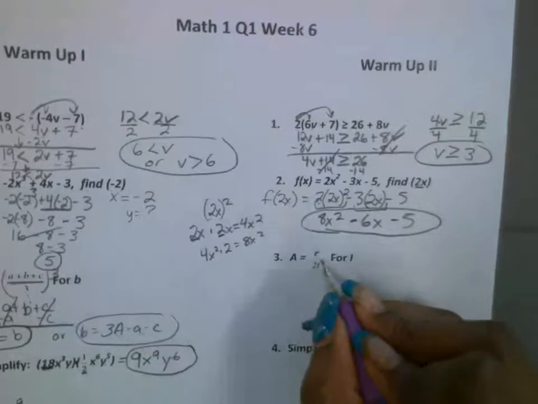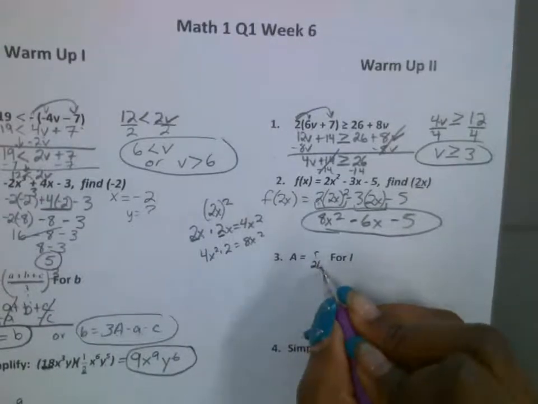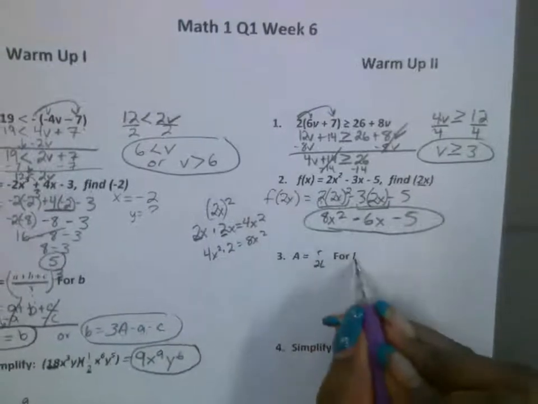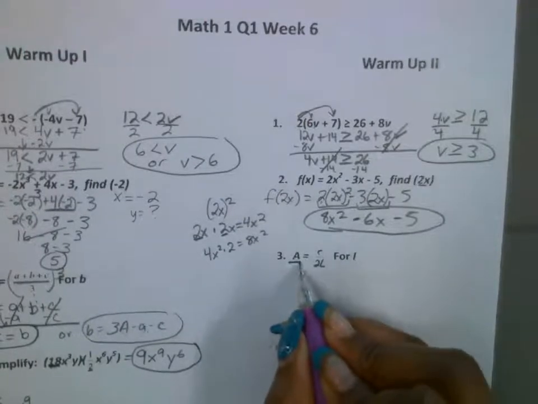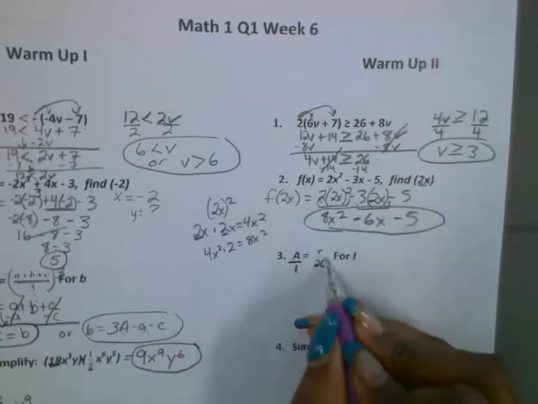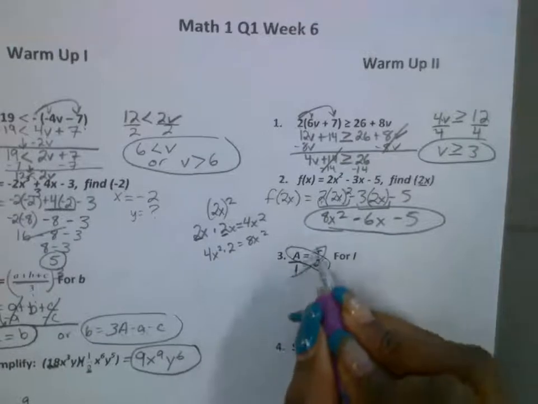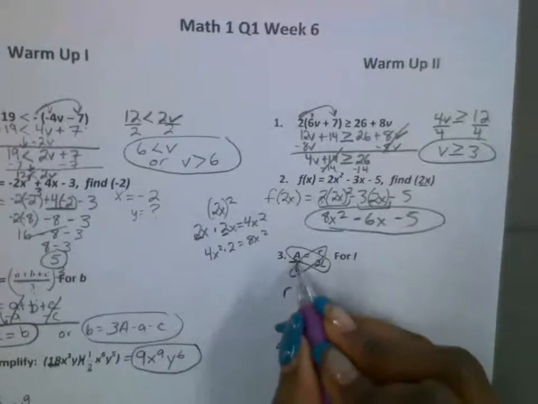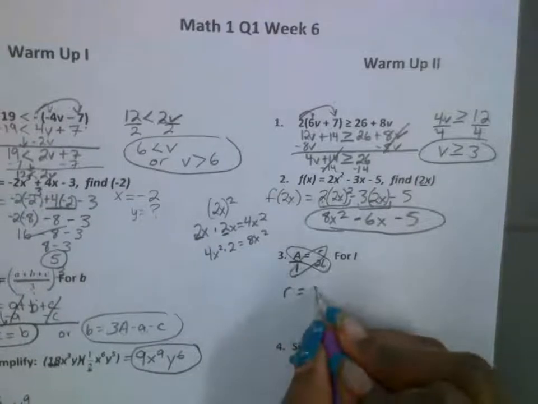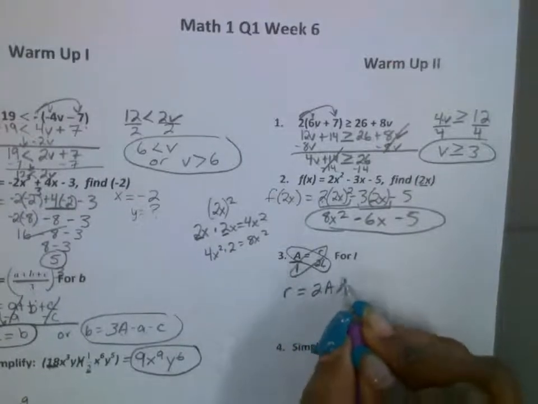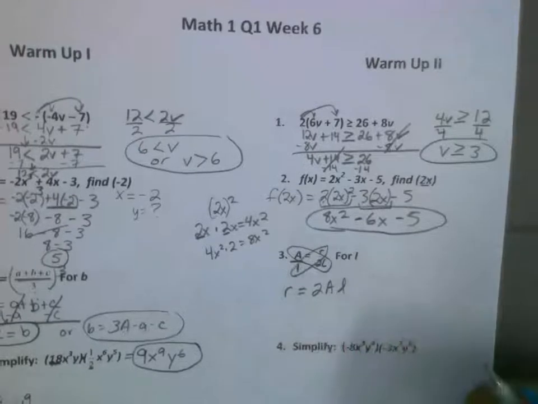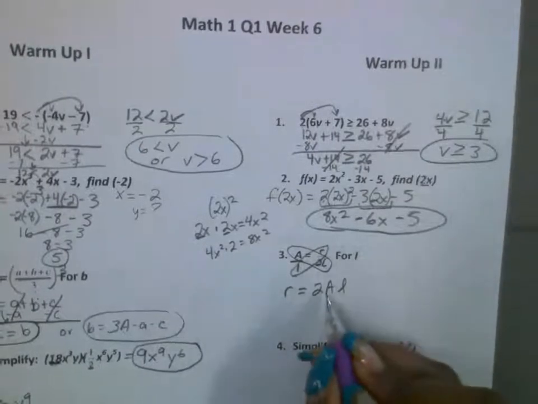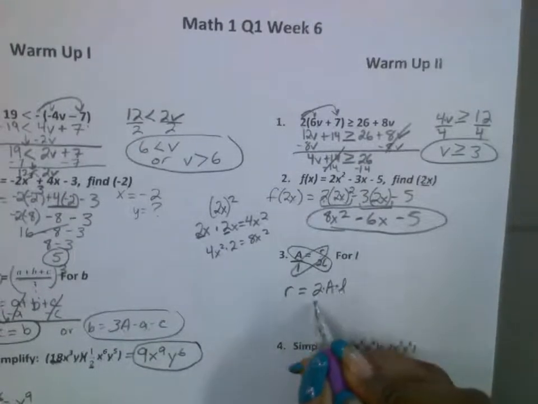Here, this is R, this is 2AL. So in order to get L by itself, you're going to write this as a fraction by putting a 1 under it and using cross multiplication. 1 times R is just R. A times 2L is going to be 2AL. I'm putting it in alphabetical order. A comes before L. To get L by itself, this is multiplication, so we're going to divide.